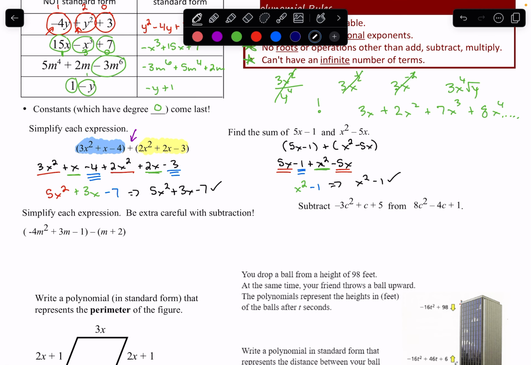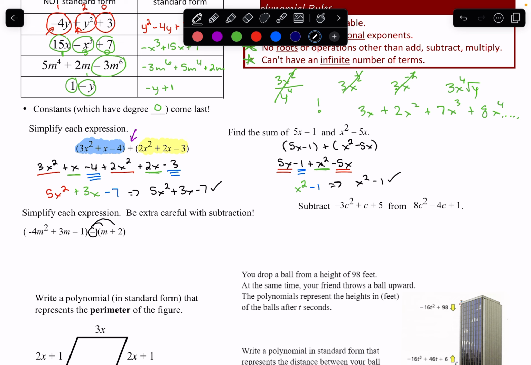Now, if we have a minus in the middle here, that changes the problem pretty dramatically, right? So if I want to do the same thing, but instead of adding polynomials together, I want to subtract them, I can't just ignore these parentheses because of this minus in the middle. If you remember back, I think you probably learned this for the first time in 7th grade, this negative has to get distributed to everything that comes in the parenthesis after it.